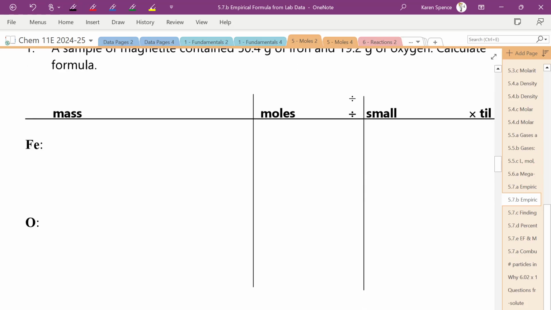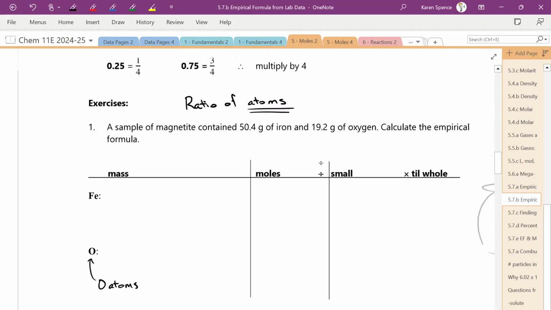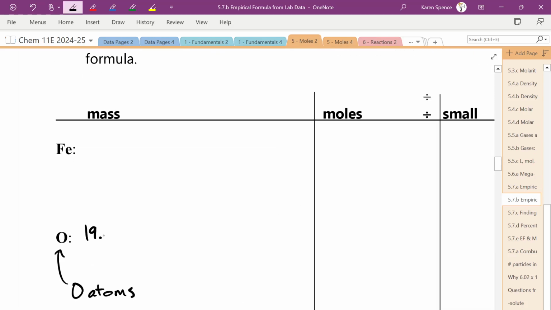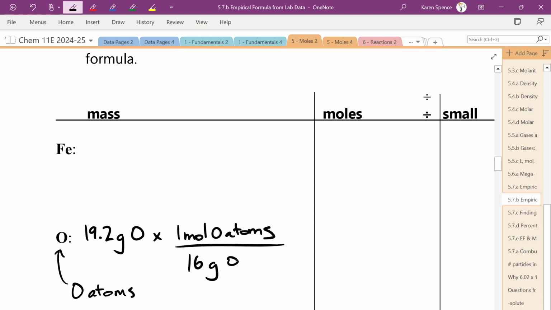So when we are looking at O, we are looking at O atoms. And what we looked at over there was, and don't write this down, okay, but let's say we had 19.2 grams of, let's say we just wrote it as O, okay? That's going to be times 1 mole of O atoms for every 16 grams of O. Yes?